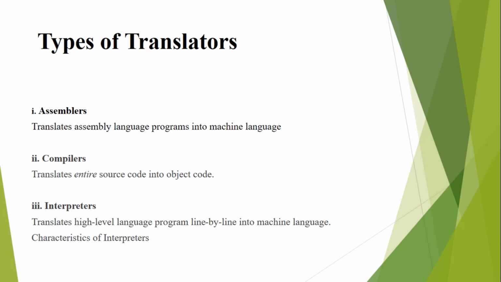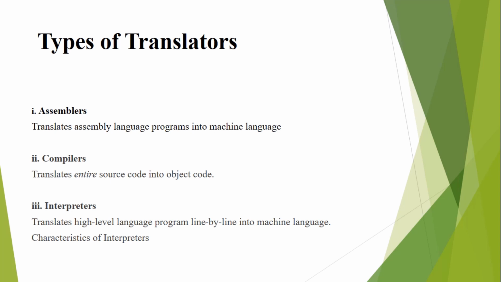With compilers, the object code is produced from the whole source code, while with interpreters short object codes are produced and are not retained. In compilers the program needs to be translated only once, but with interpreters the program will be translated each time it is executed.